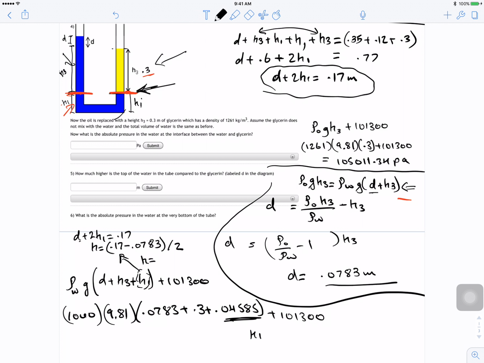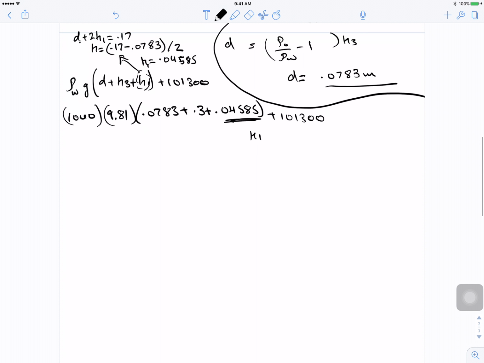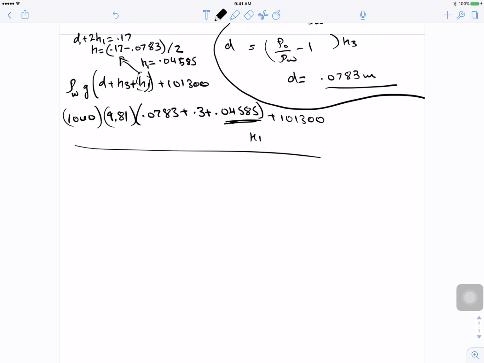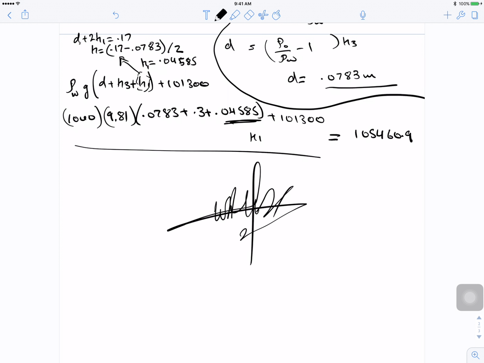From that I got H1 equal to 0.04585. When you do the math for this, you will get 105,460.9 Pascal. Cool. Alright guys, hope this makes sense, and good luck. Let me know if you have any questions. Bye.